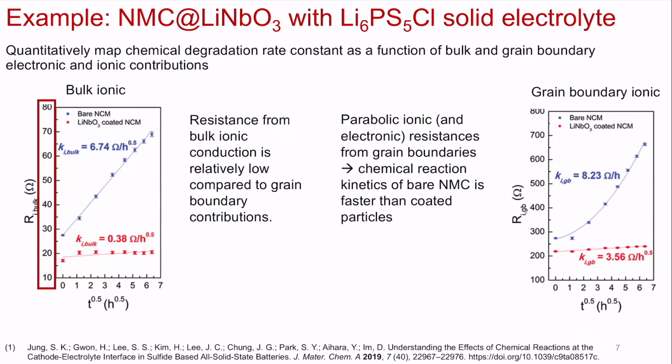One, will this be a way to differentiate the decomposition products, how much they contribute to the ionic resistance increase versus electronic resistance increase, like electrically insulating decomposition products versus ionically insulating? Yes. Okay. And then, does this just keep continuing linearly, or does it eventually stabilize after so many hours just being in contact? Yeah, so it depends.